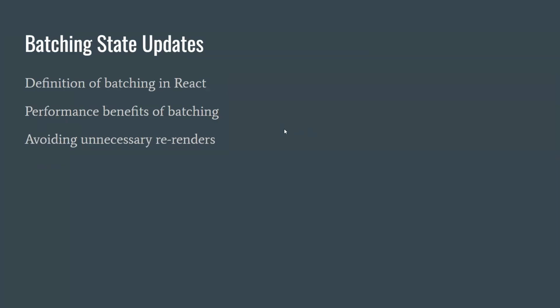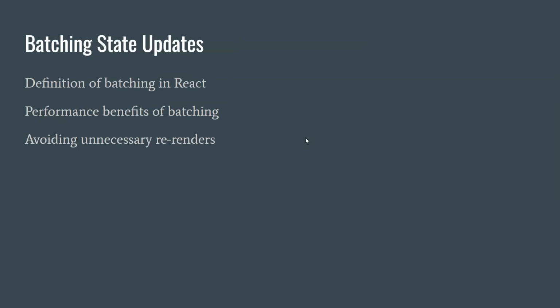Batching state updates. Batching is basically an optimization technique used by React, where multiple state updates are processed together in a single re-render.